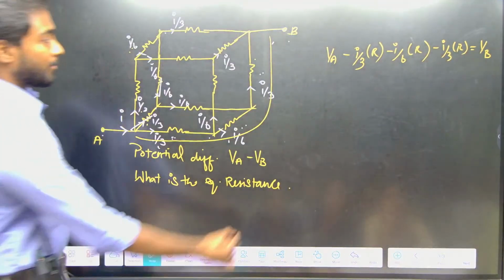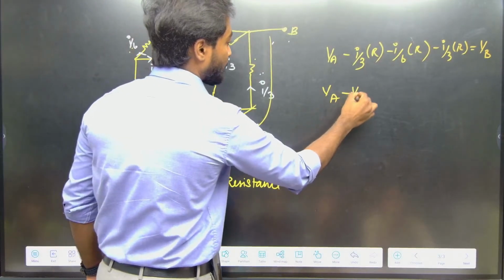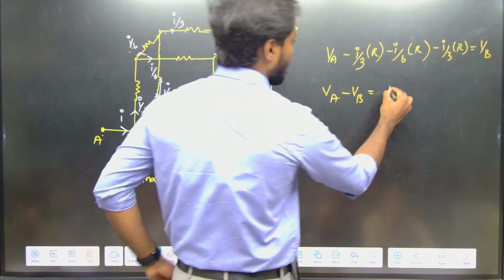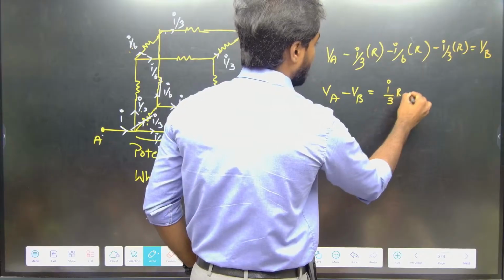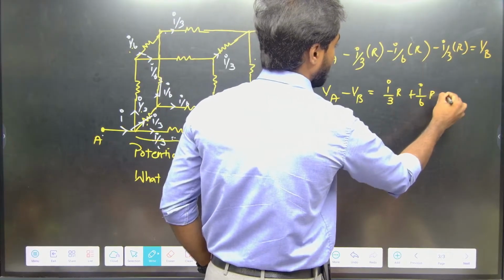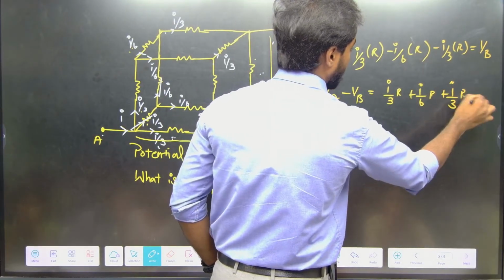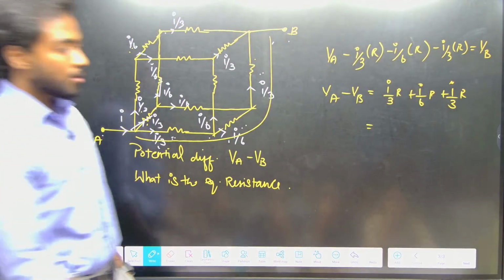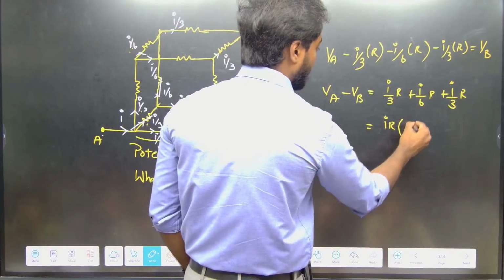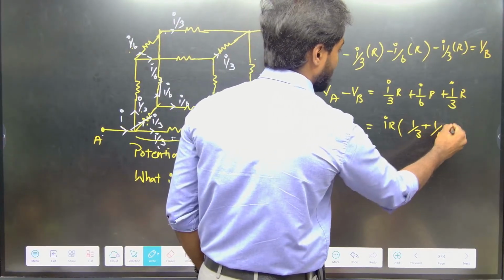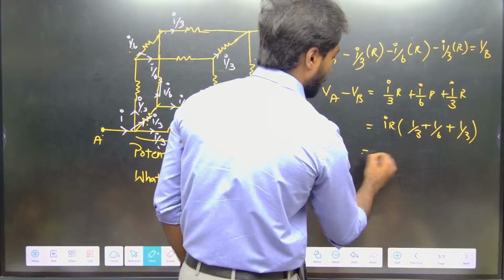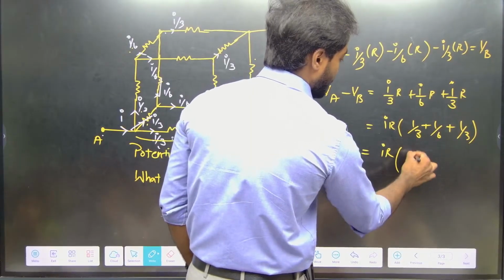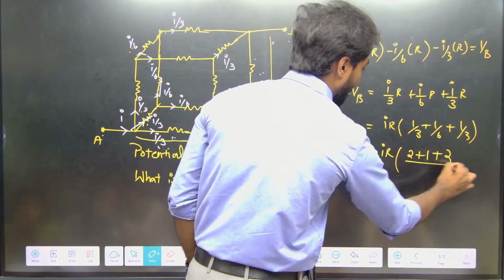So can I take VA minus VB is equals to I by 3 R plus I by 6 R plus I by 3 R. So I can take IR commonly outside, no, which is nothing but IR times 1 by 3 plus 1 by 6 plus 1 by 3. So IR, this is 2 plus 1 plus 2 by 6.